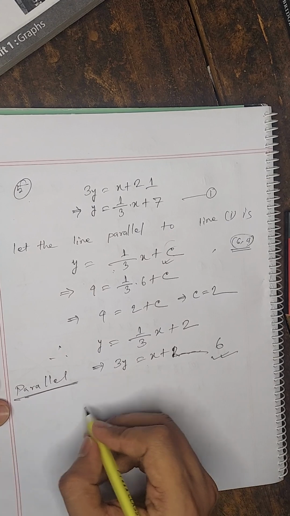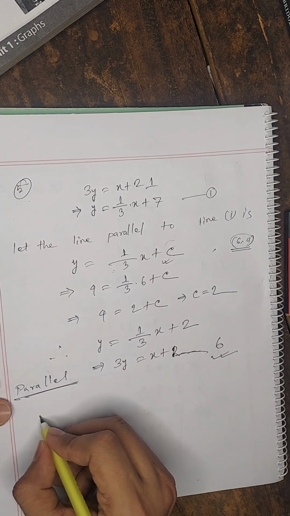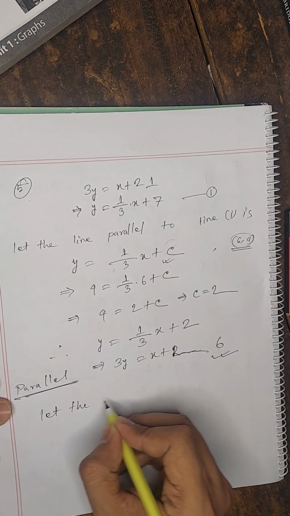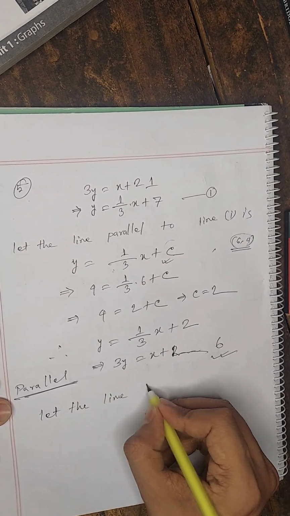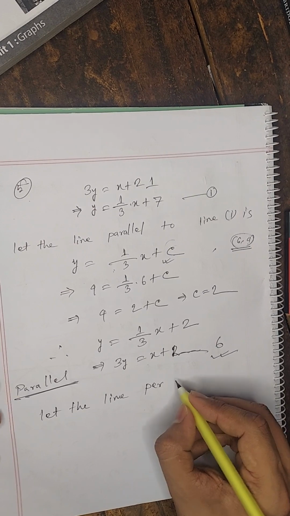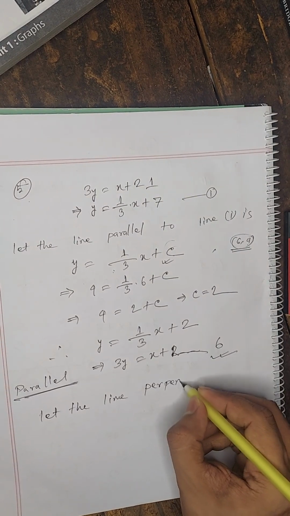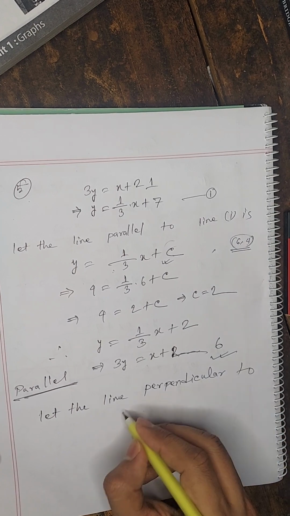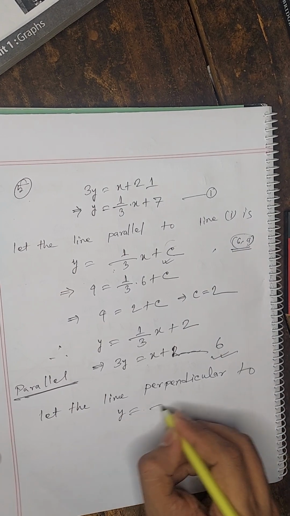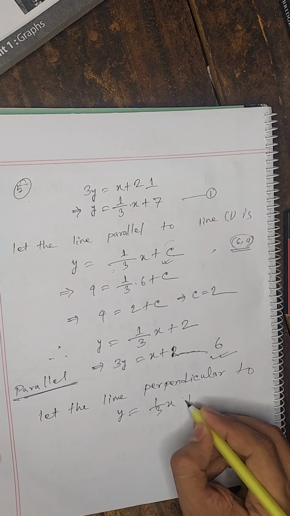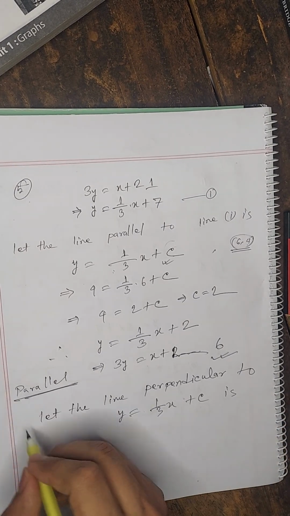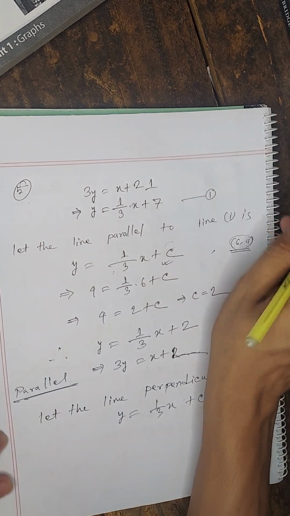For the perpendicular, let the line perpendicular to y equal to 1 by 3 x.